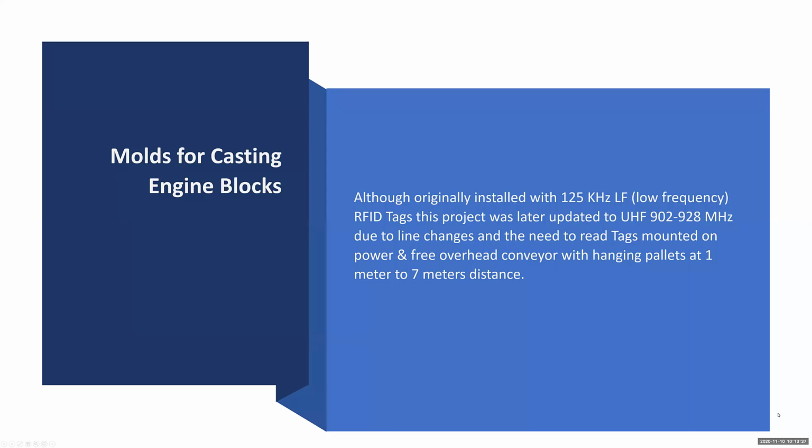And it was a very rough, dirty environment. This was Chrysler engine blocks going back years ago. This was installed again at 125 kilohertz. Read range was pretty short, but now it's moved to UHF and they have about 7 meters of read distance.